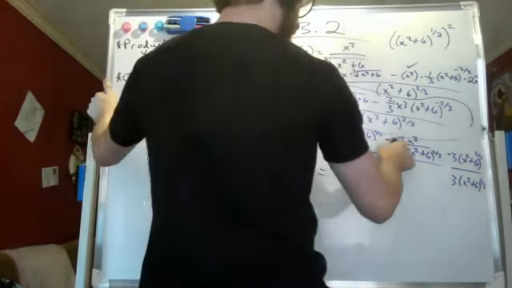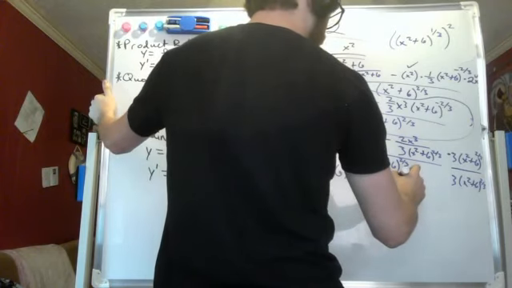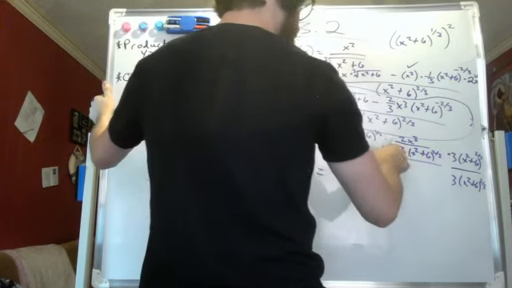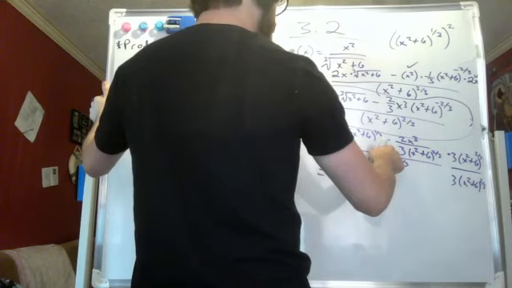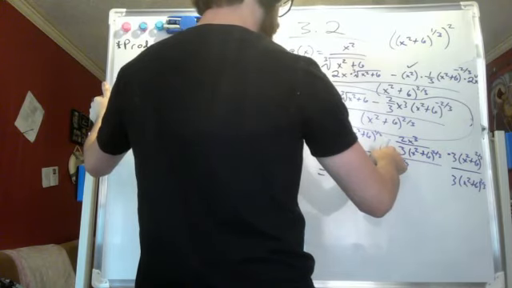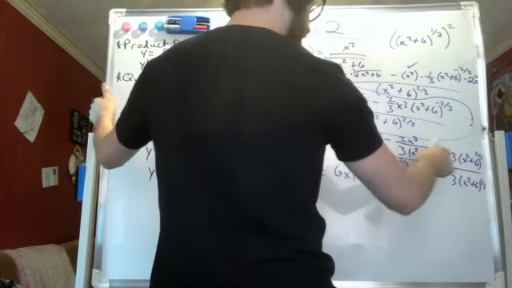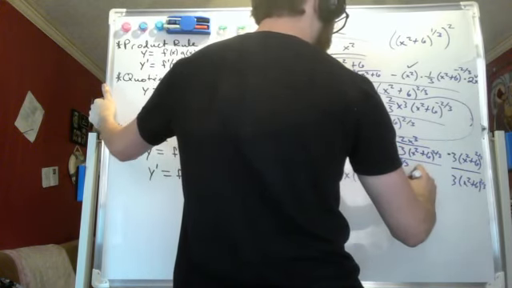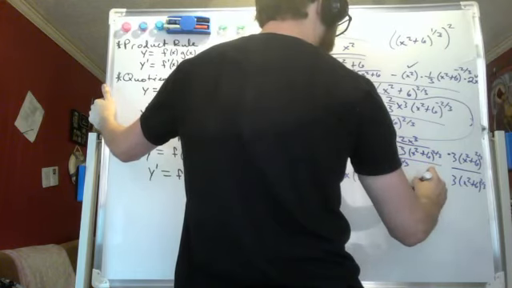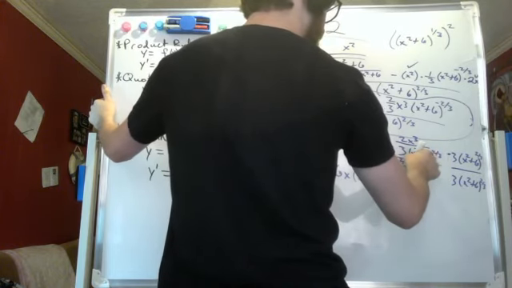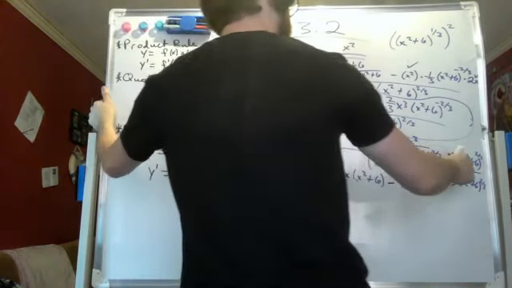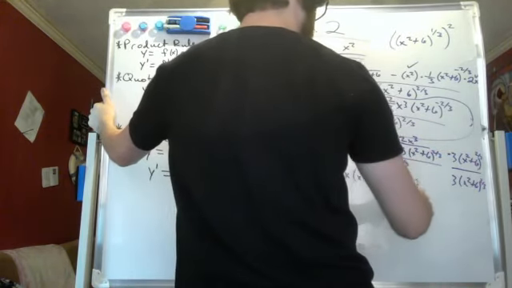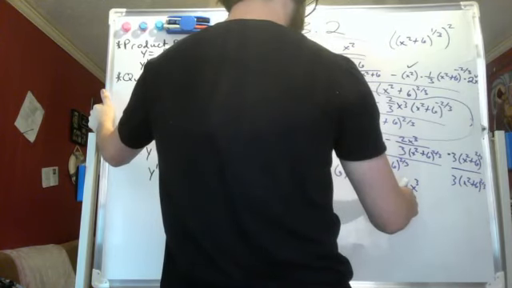And then over here, the 3 and the 3 are going to cancel. We're going to have minus 2x cubed. And this (x squared plus 6) to the 2/3 power is going to cancel with the (x squared plus 6) to the 2/3 power. And so we're left with this 2x cubed.